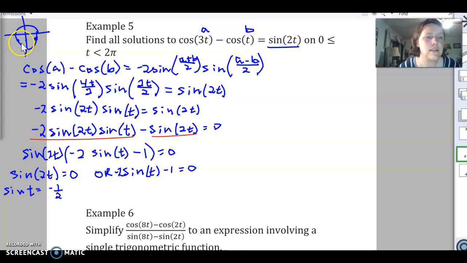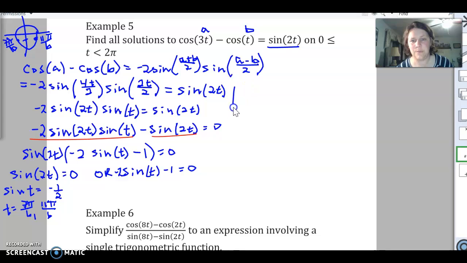So that is going to be at 7 pi over 6 and then 11 pi over 6. Okay, so those are our two solutions there. We have t equals 7 pi over 6 and 11 pi over 6.